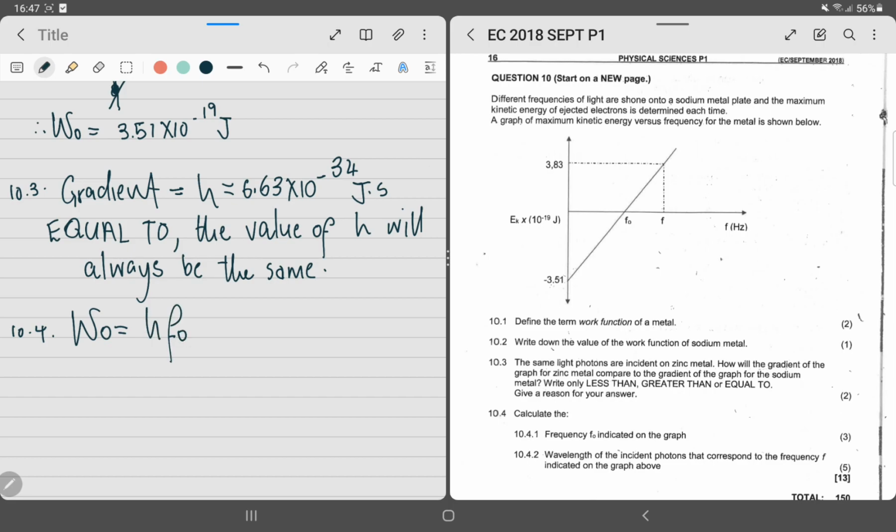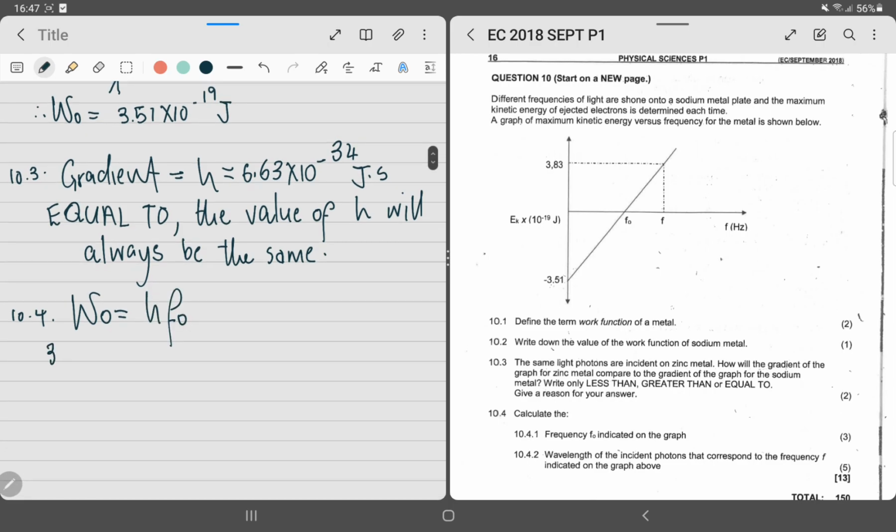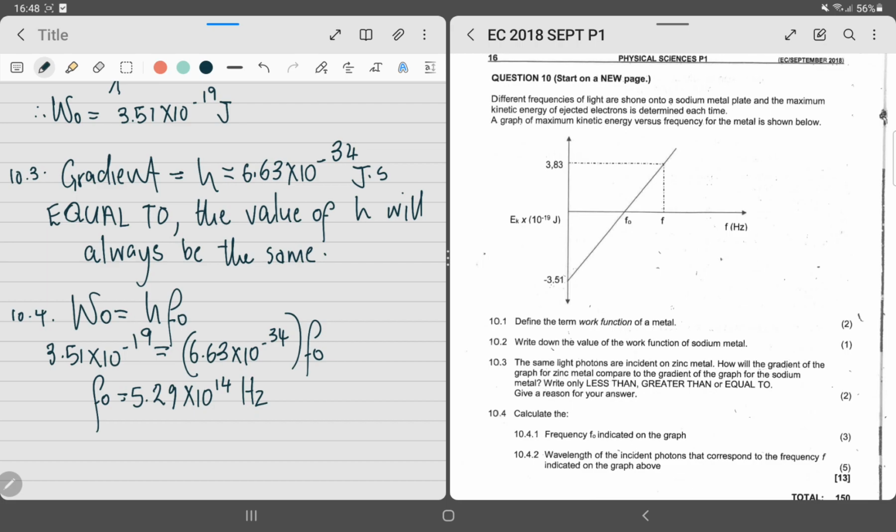So in order to find f0, we just substitute the work function, and this is Planck's constant. So I'm getting 5.29 times 10 to the exponent of 40 hertz.